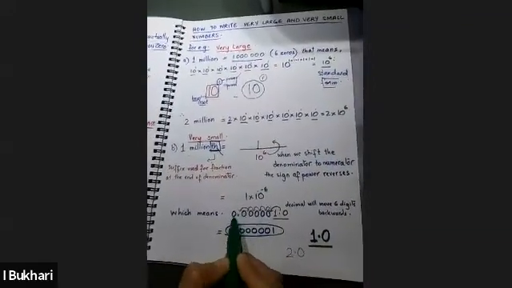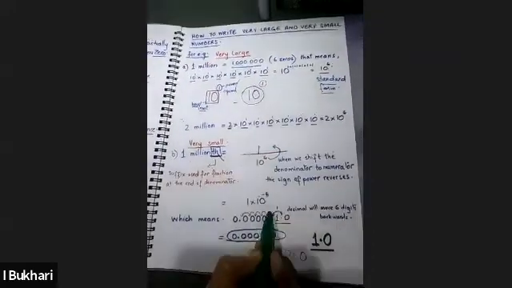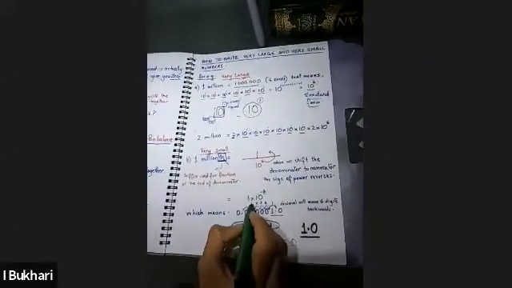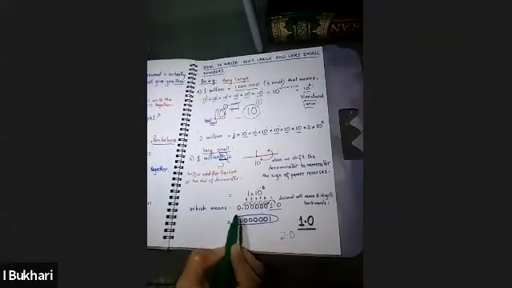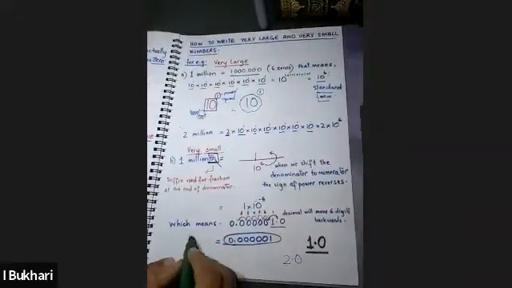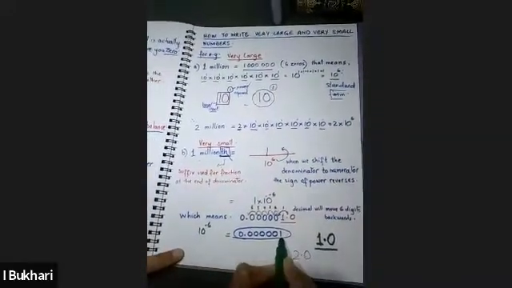This is the first jump, second, third, fourth, fifth, sixth, right? And so how many zeros do I get after the decimal? 1, 2, 3, 4, 5. 5 zeros and then 1. So I can write that 10 to the power minus 6 is equal to this, right?